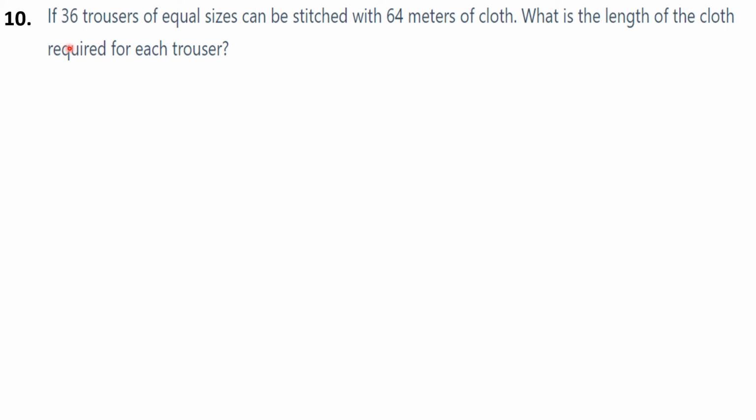Question number 10. If 36 trousers of equal sizes can be stitched with 64 meters of cloth, what is the length of the cloth required for each trouser? So let us write the solution here.